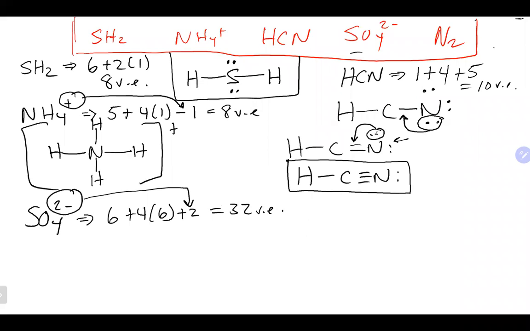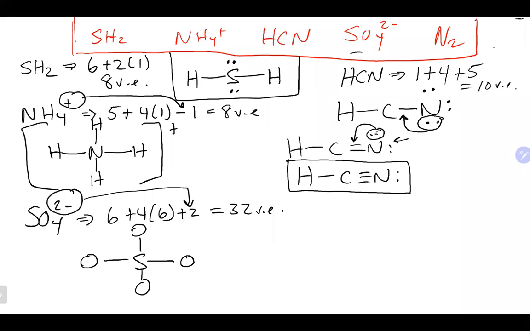We have sulfur and oxygen. Again, we have 1 sulfur, 4 oxygens. So sulfur should be in the middle. If you look on the periodic table, sulfur is below oxygen, which means it's less electronegative. So again, it should be in the middle. We will have our oxygens all around here. And again, we're going to do a single bond to everybody.